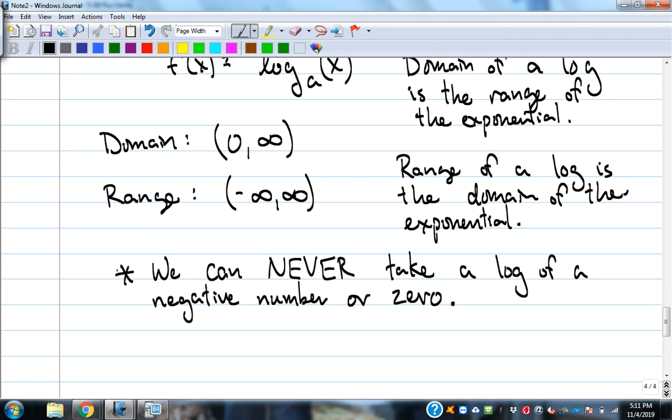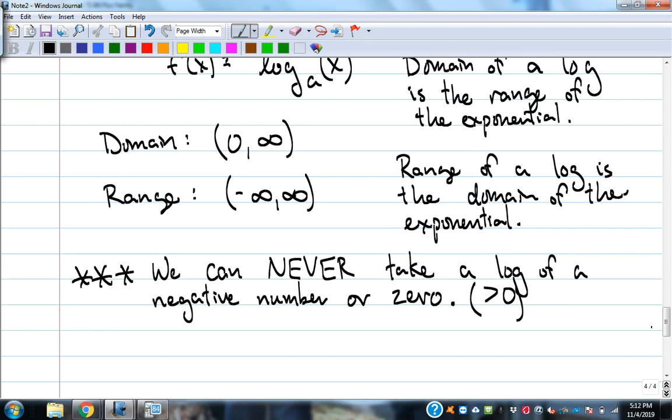So that key, and it's starred because that's going to be the key to being able to find the domain for various logarithmic functions, is that we can only take the log of things that are greater than 0. Okay, so you've got to think about greater than 0 when you do that.